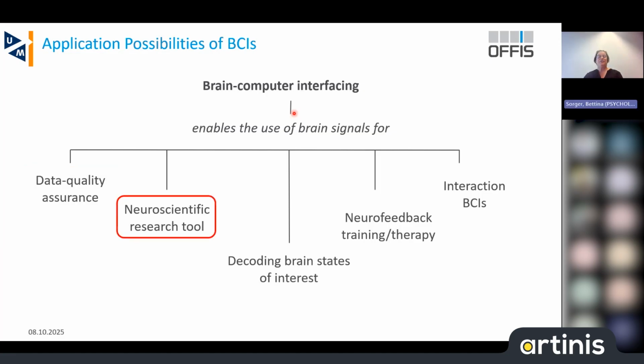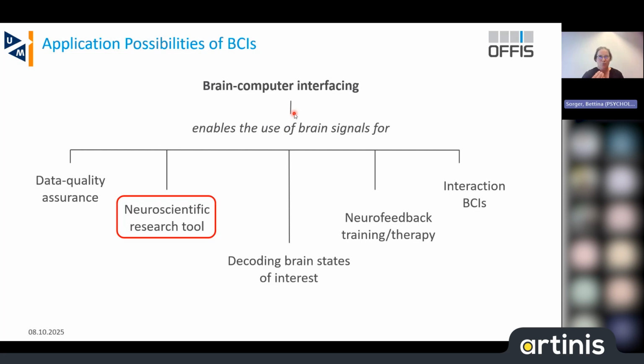Then, BCIs can be used as a specific neuroscientific research tool. So normally what we do, we stimulate participants, or we give them a task. But what we can also do is that we say, okay, we would like to learn about a specific brain region, what the function is, for example. Then you read out brain activity here. And then according to that, you change the stimulation in order to find the optimal stimulus for that area.